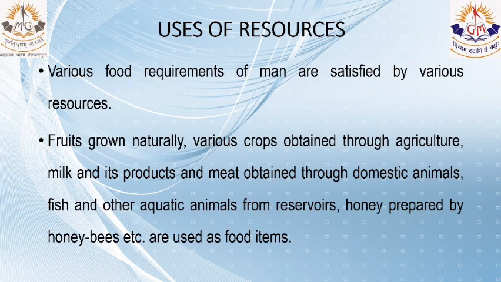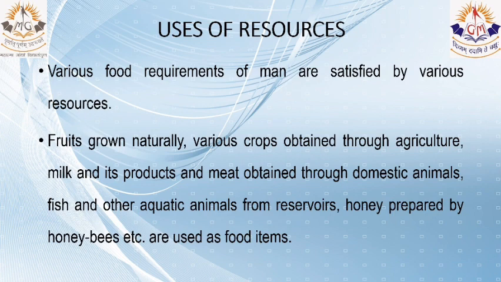We utilize the domestic animals, milking animals, which give us milk. So we utilize the animal resources, domestic animal resources also for making milk and its products. And animals are also a rich source of getting meat from them.